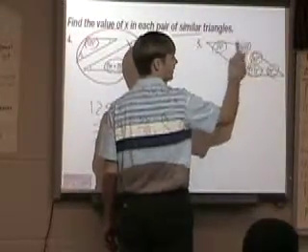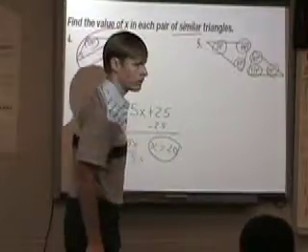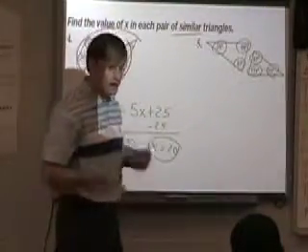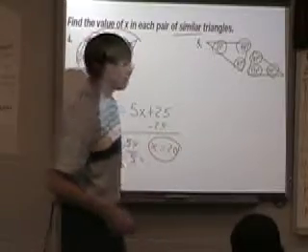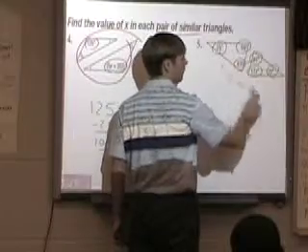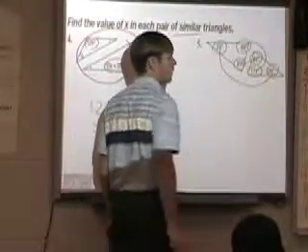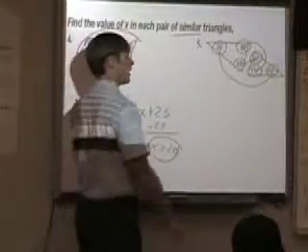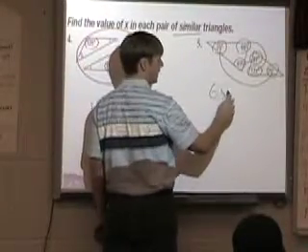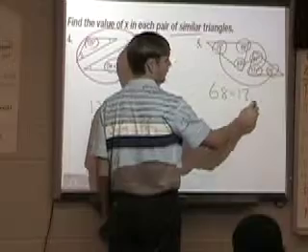Now the next one, we know that 25 is equal to 25, 87 is equal to 87. So what do we know about these two? What do we know about 68 and 17x? We know this is congruent to this, and this is congruent to this. Since two of them are congruent, what's the third one? Congruent. So how are we going to solve for x? 68 equals 17x.